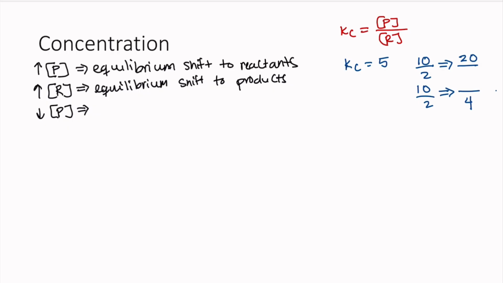If I have a concentration of 20 for my products, and I decrease it to 10, then I'm going to need more products in order to get back to that Kc equal to 5. So the equilibrium is going to shift to the products because we have to get more products in there.